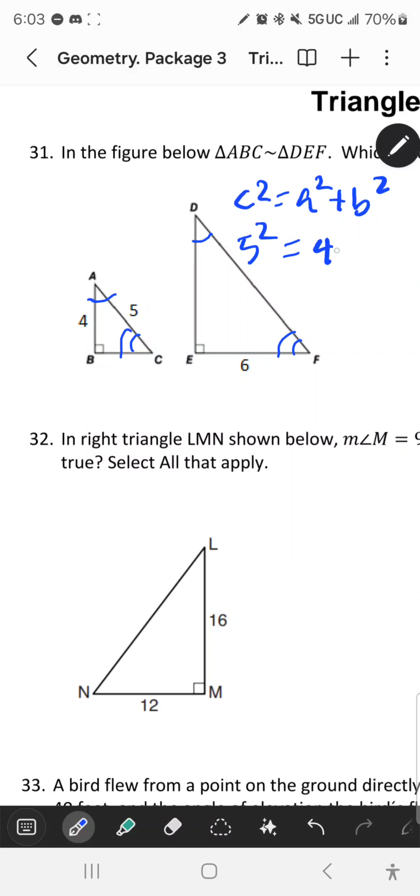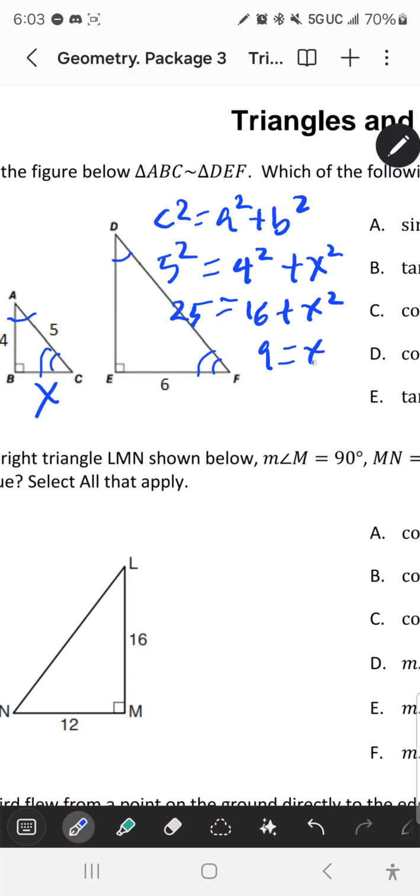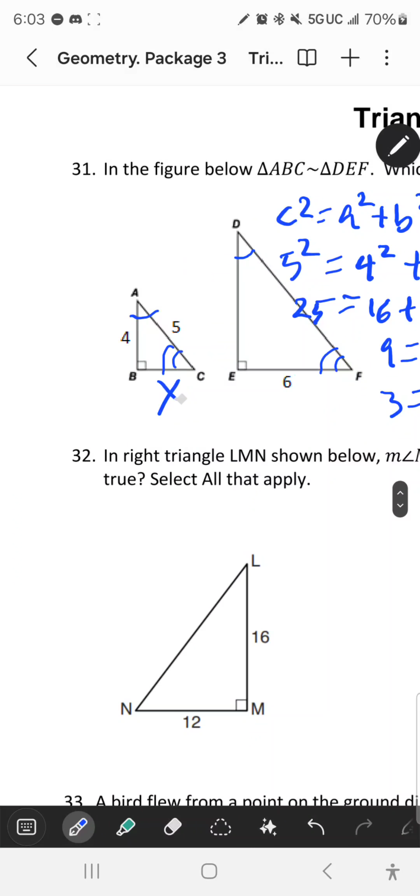Now I have one side, 4 squared, and then I have this other side that I don't know, so I'm going to call that x. So plus x squared. Okay, I will say 25 equals 16 plus x squared. Now I'm going to subtract 16 from both sides and I get 9 equals x squared. And if I do the square root from both sides, I get 3 equals x. So this side will be equal to 3.